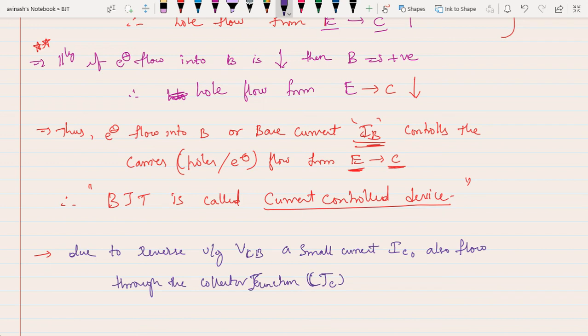IC naught is nothing but the reverse saturation current of the collector junction.